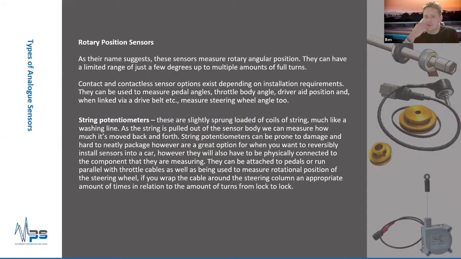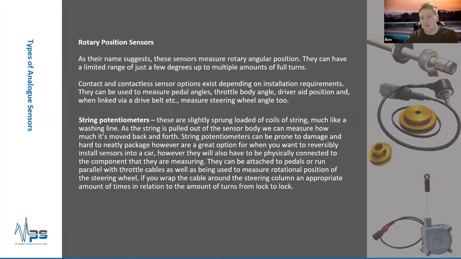Another type of analog sensor which is common is rotary position sensors. These rotate around an axis and you calibrate to an angle position. If you imagine with steering, your steering wheel is a circle, it rotates, so that moves angularly.